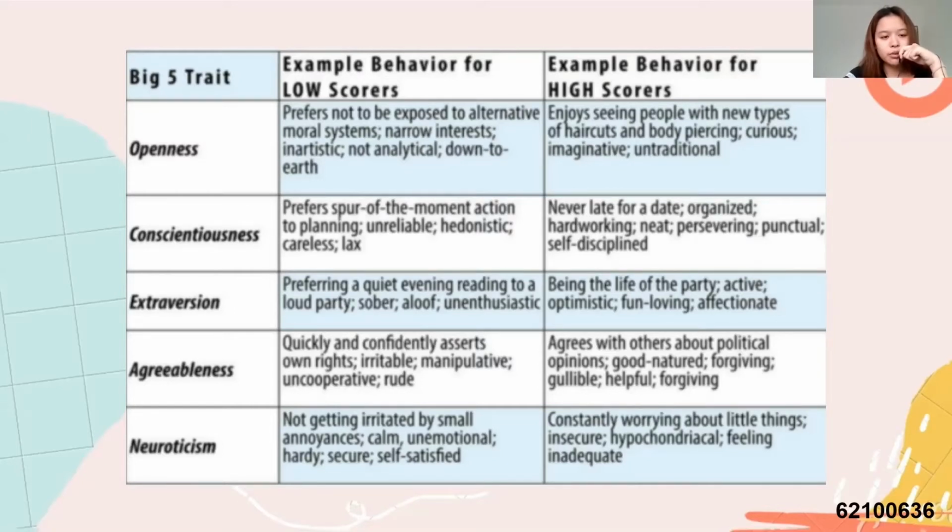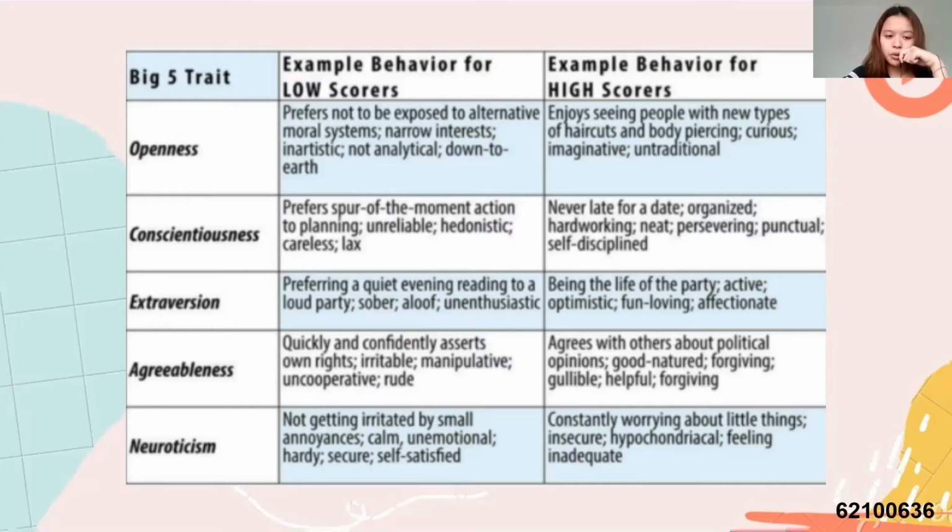The fourth is agreeableness. People who have a low score quickly and confidently assert their own rights, and are irritable, manipulative, uncooperative, and rude. While people who have a high score avoid disagreeing with others about political opinions, and are good-natured, forgiving, gullible, and helpful. And the last one is neuroticism.